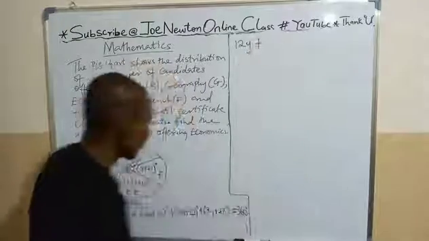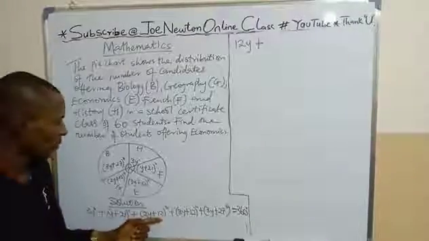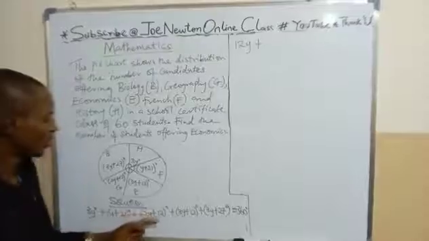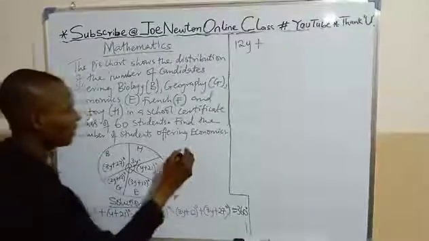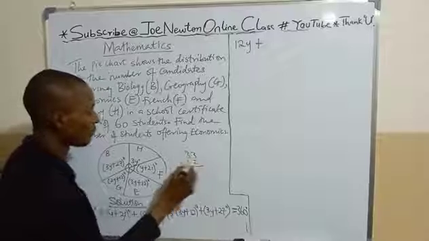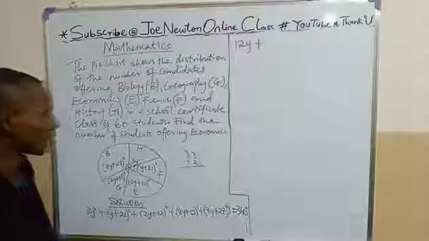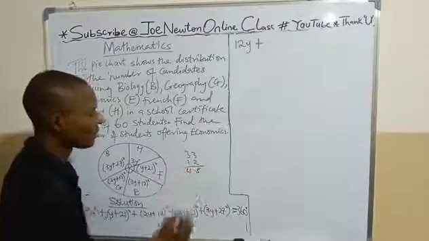Then we go to numbers. 21 plus 12 gives us 33. Then 33 plus 12 will give us 45.